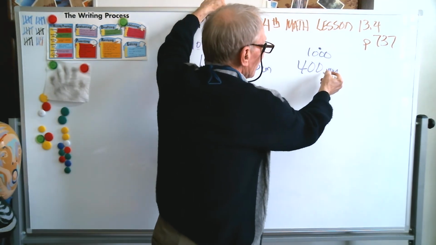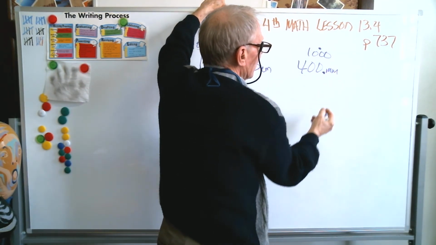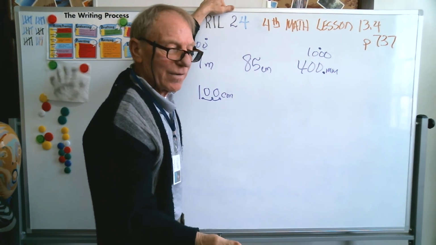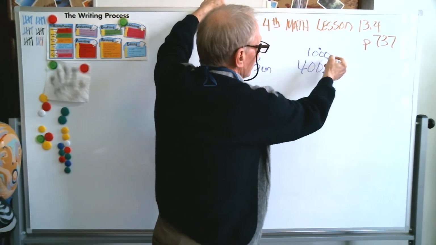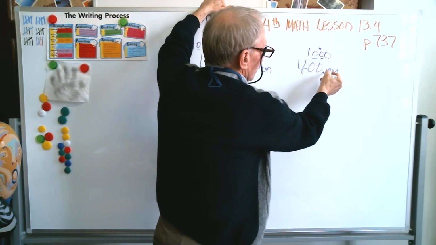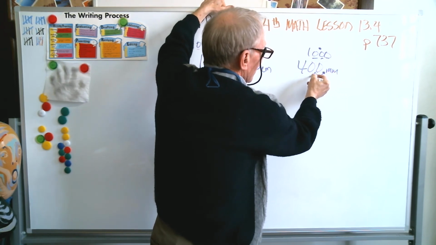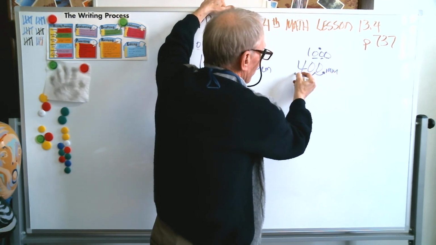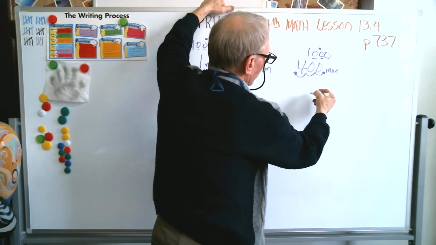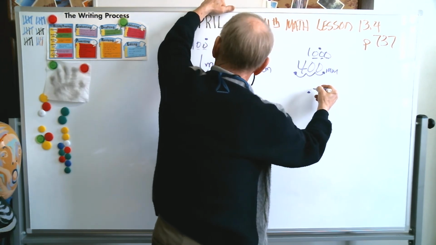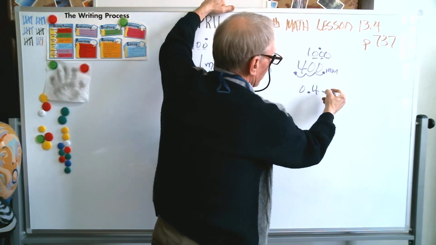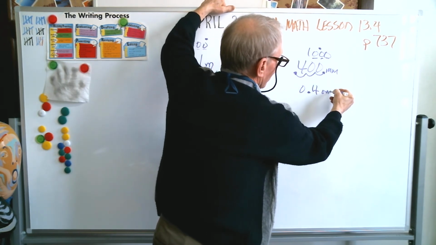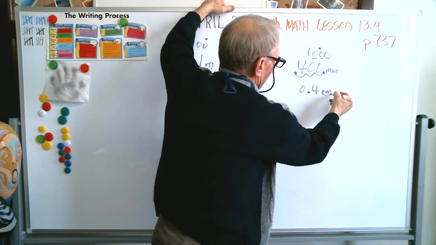So in this case, we're going to be taking our decimal point, which always appears at the end of a number, and we're going to move it 3 places. 1, 2, 3. So we end up with 0.4 centimeters. My bad.